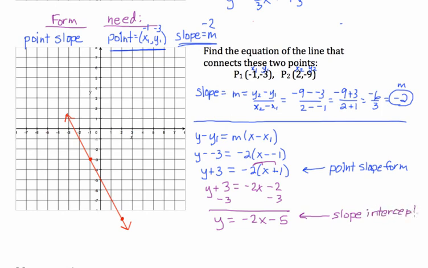So this is my slope-intercept form. Now let's check that against my picture. I should have a slope of -2, down to right 1. And I should have a y-intercept of -5, which I do. So, point slope form of my line, slope-intercept form of my line.